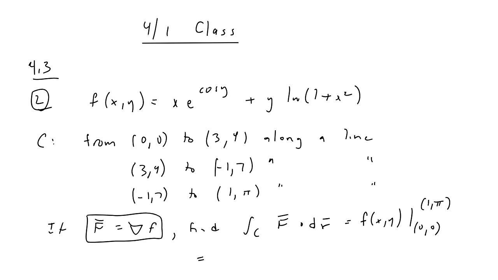And so it doesn't come out to anything nice, but if I put in 1, pi, I get x e to the negative 1 plus pi natural log of 2. If I put in 0, 0, everything's 0. Look at that.